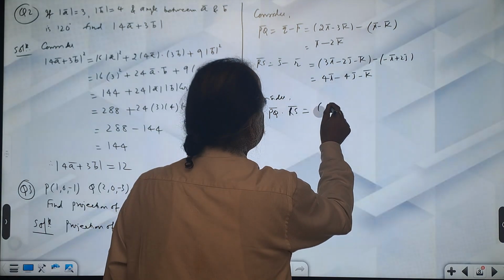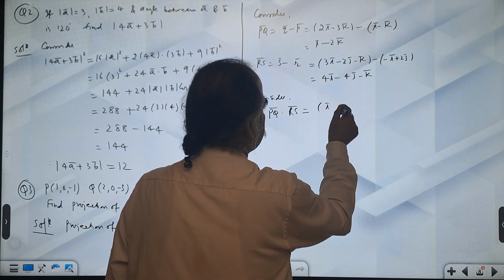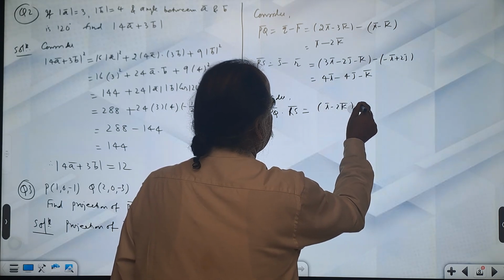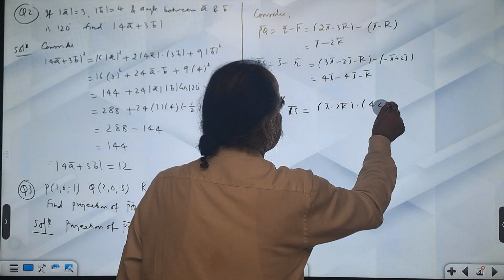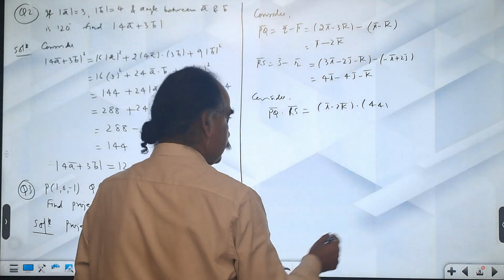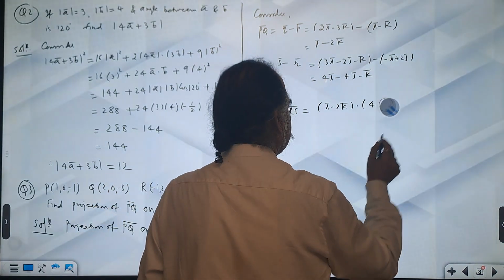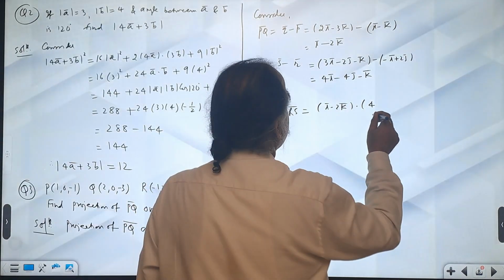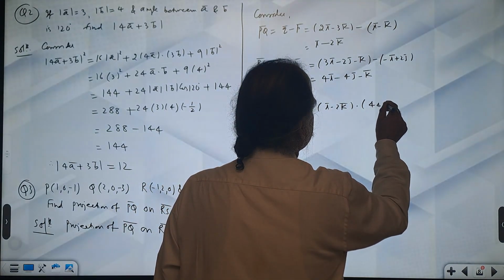PQ bar is what? i minus 2k dot 4i minus 4j minus k.